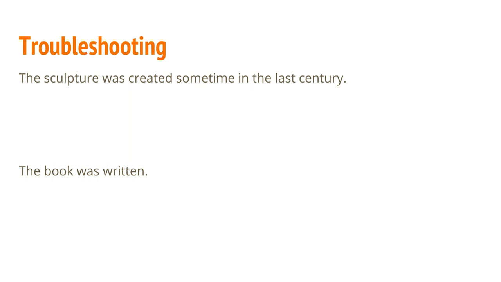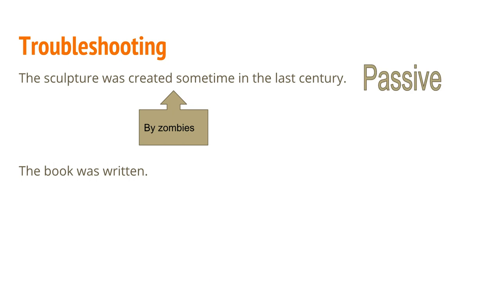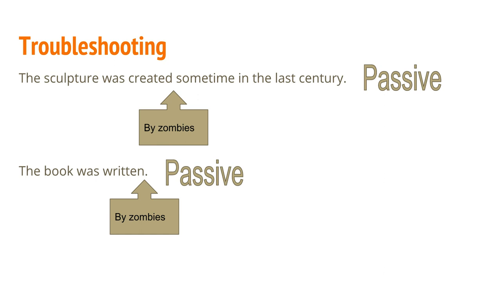When you're not sure, right after the verb, insert the phrase by zombies. If this makes grammatical sense, then the sentence is passive. The sculpture was created by zombies sometime in the last century. Yep, that one's passive. The book was written by zombies. Yep, passive. So you can add that by phrase in, and you could say by zombies, by clowns, by kittens, by anything, but just this kind of grouping after the verb to help you out.